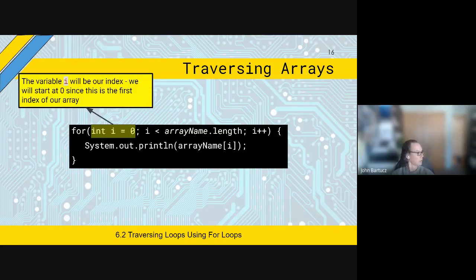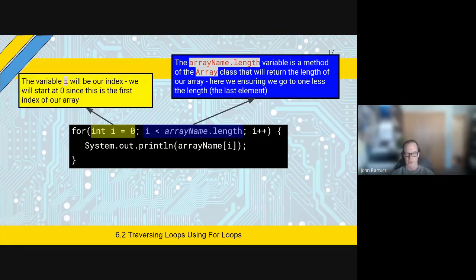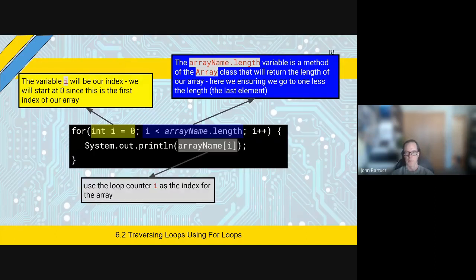Starting at 0, going to the length of the array, and using that i variable as the counter to go through all the elements of your array.